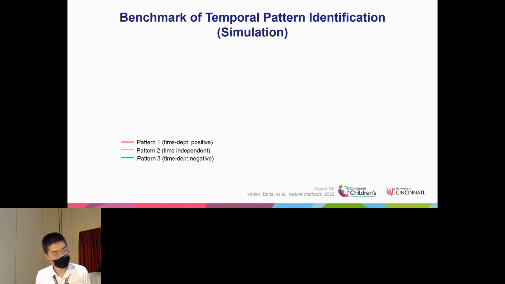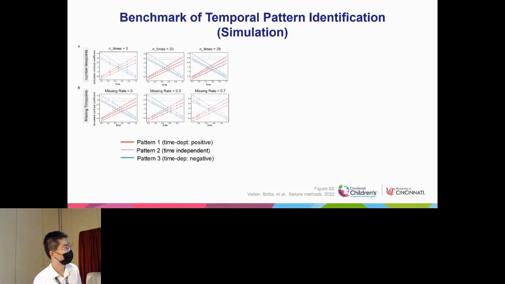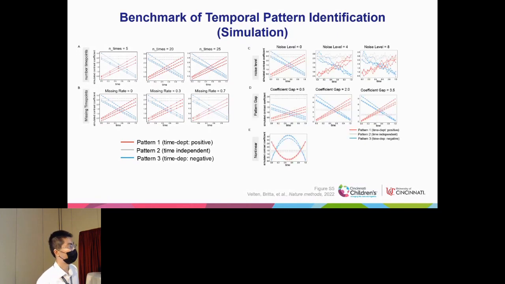Pattern 1 is positively related with time, pattern 2 is time independent, and pattern 3 is negatively correlated with time. And we simulate data in different parameters, including different time points, different ratios of missing time points, and different noise levels.